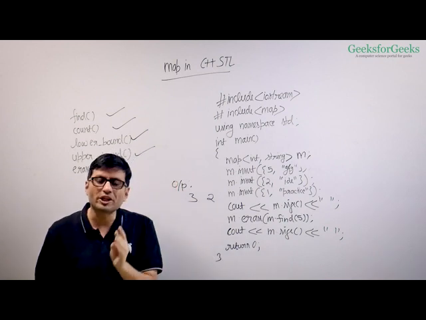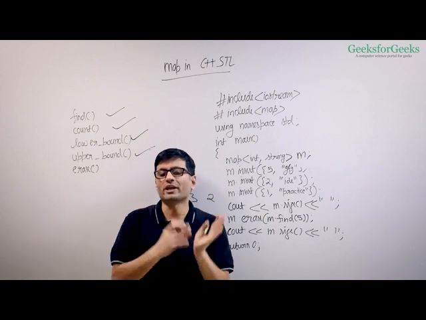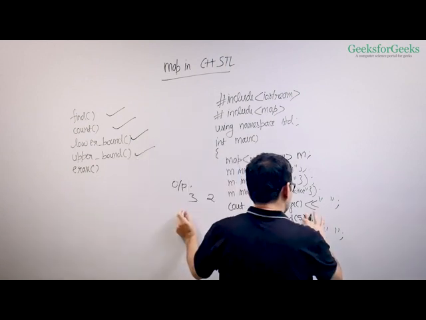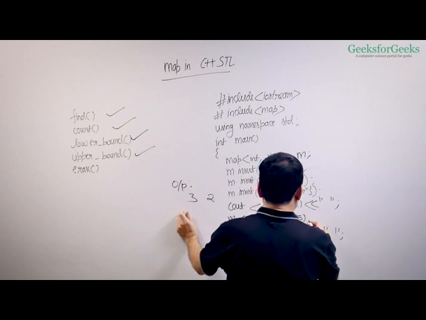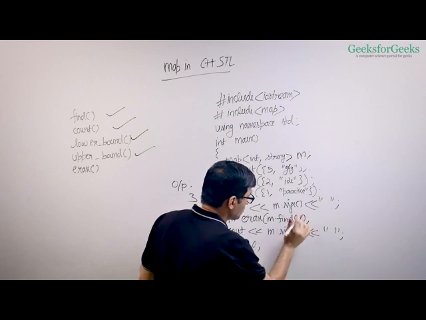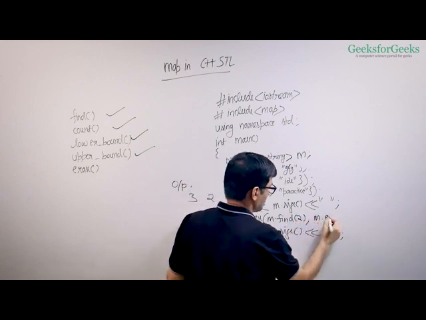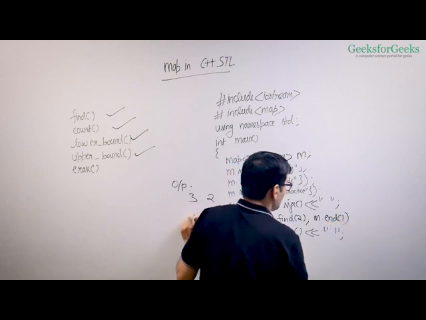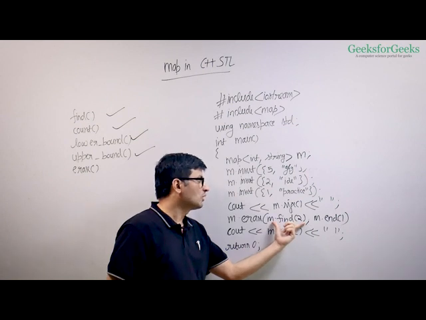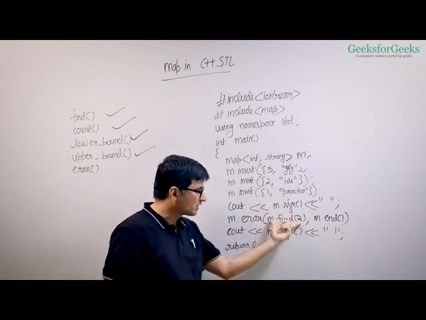There is a third variation of the erase function where we can pass a begin iterator and an end iterator. So what will happen if I pass m.find(2) and then m.end? The erase function will take the iterator to 2 as the begin iterator.